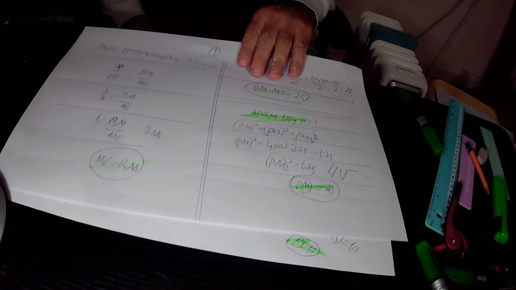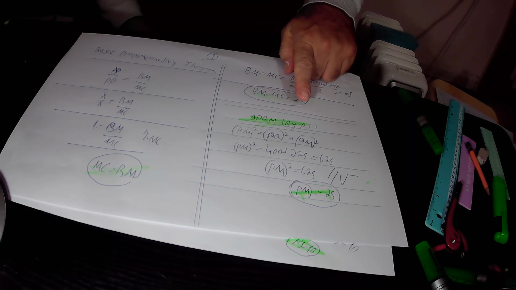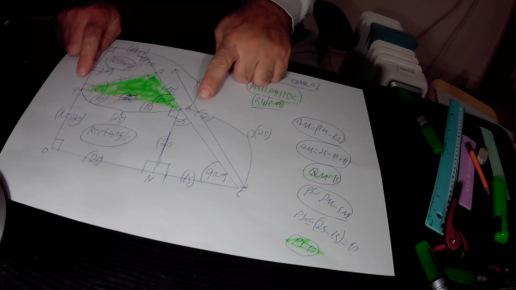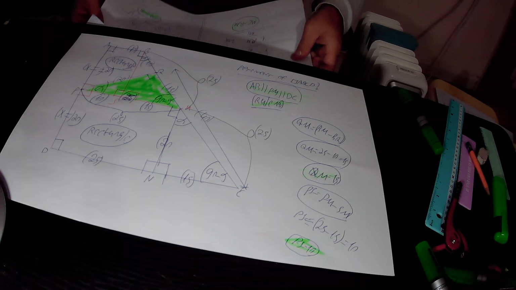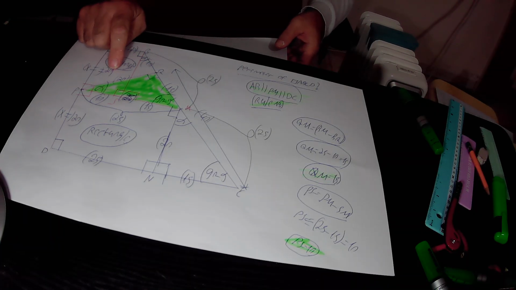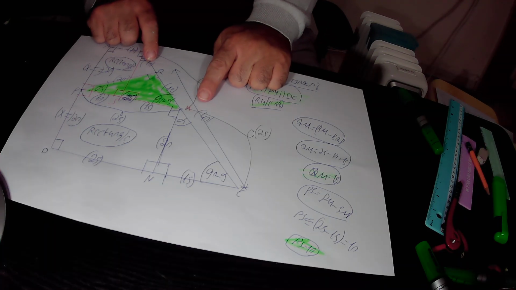So again, in the right triangle PQM, according to the Pythagoras theorem, PM squared equals PQ squared plus QM squared. PM is the missing side, so we leave it as it is. PQ is 20, therefore PQ squared is 400. QM is 15, therefore QM squared is 225.